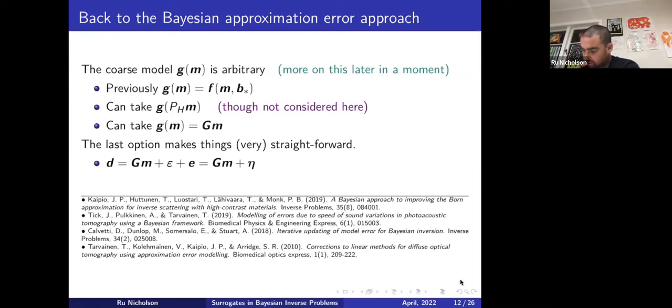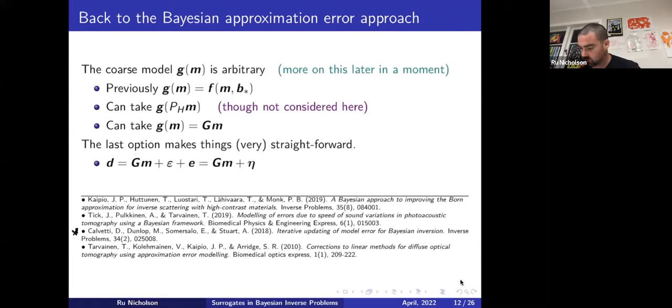There are a couple of references down there for applications, and some of the more recent ones use the Born approximation for scattering, and we'll get into that soon. But the most common one perhaps is replacing a nonlinear map with the Fréchet derivative of the forward problem, and that's something that was considered in this paper.